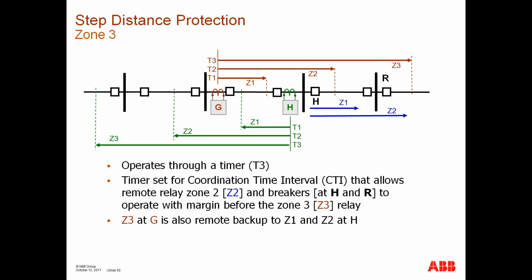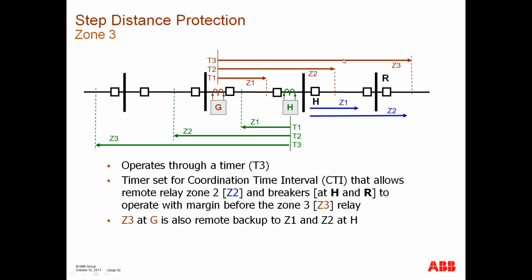Now you can probably see you're getting into multiple contingencies here and why people are questioning Zone 3, because this would have to fail to operate and this terminal would have to fail to operate. And not only does this fail to operate, but this Zone 2 relay here fails to do the remote backup protection to here.